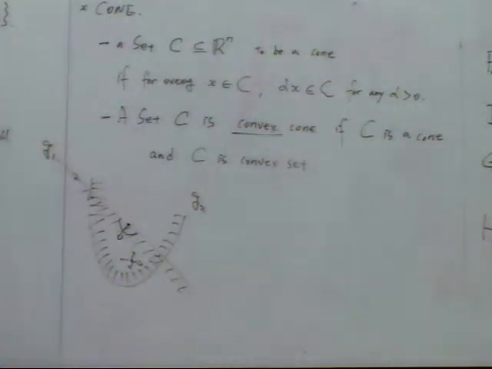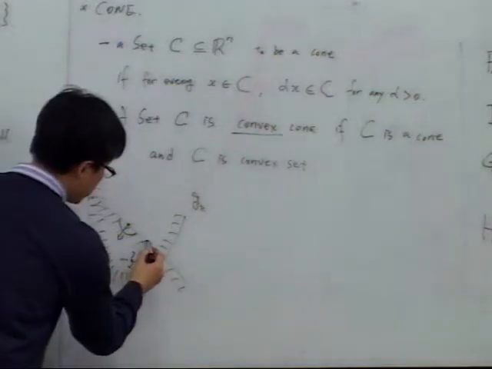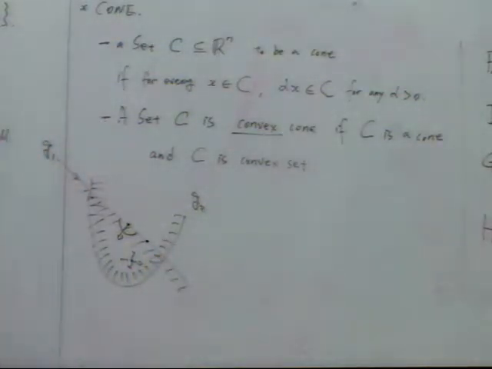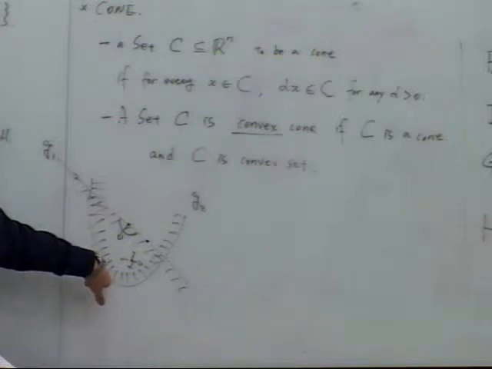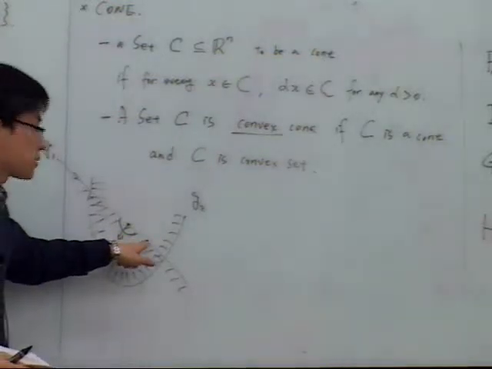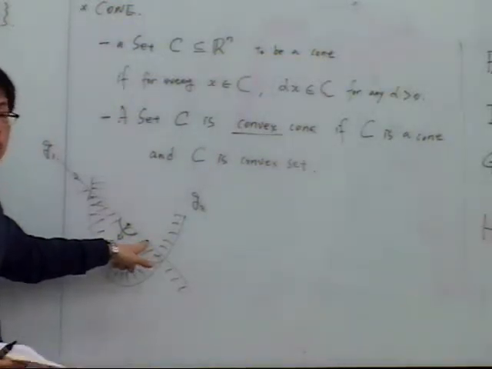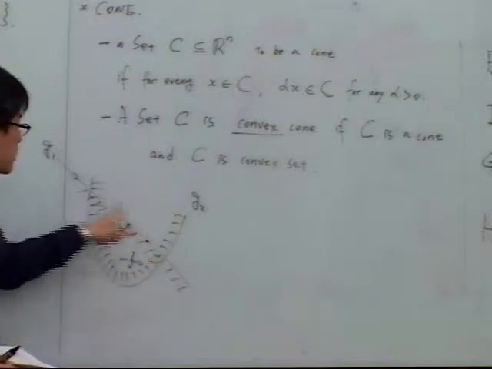But if you are here at the line, you cannot freely move in this direction because you're bounded by this G1. But you are not bounded by G2. So for this specific point here, your binding constraint is G1.